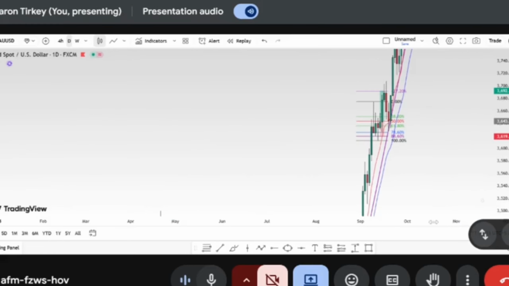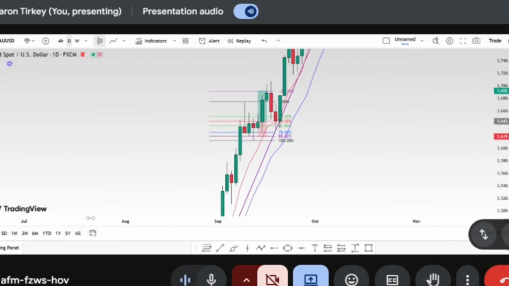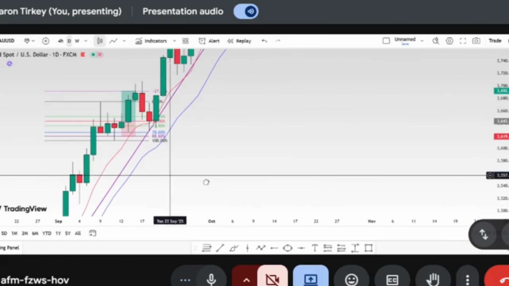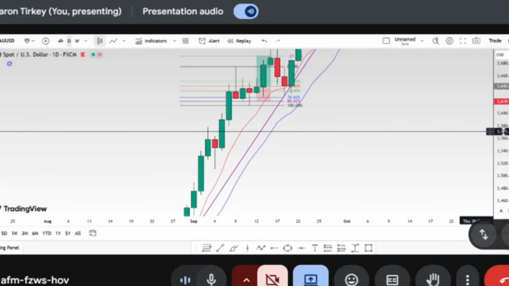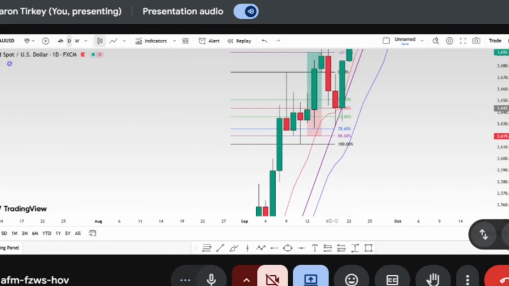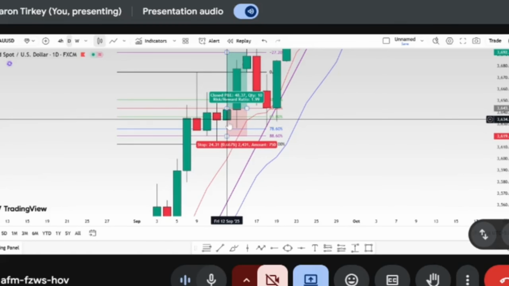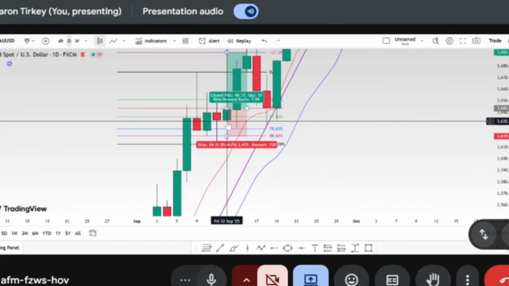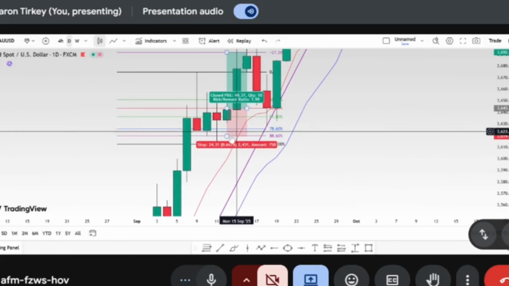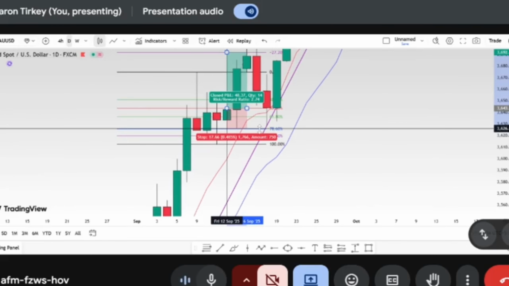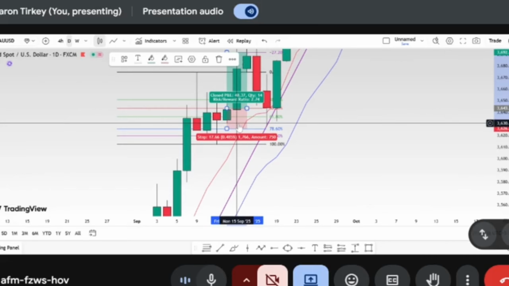Your entry will be at this bullish one. You need to replace your stop loss at the next bullish candle of the last week, so it will be here. This is our last week of the candles. You need to replace your stop loss next day before you go to sleep.